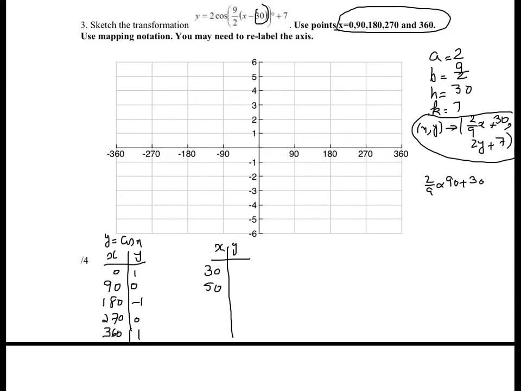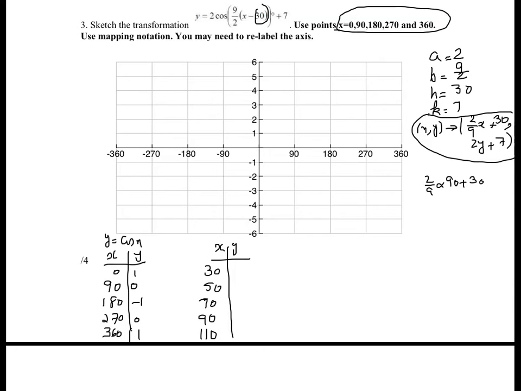If you see, we started from 30, we went to 50. The next one is going to be 70, add 20. The next one is going to be 90, and the next one is going to be 110. Or you can just substitute 180 in the equation: 2/9 times 180 plus 30, you get exactly the same thing, 70.